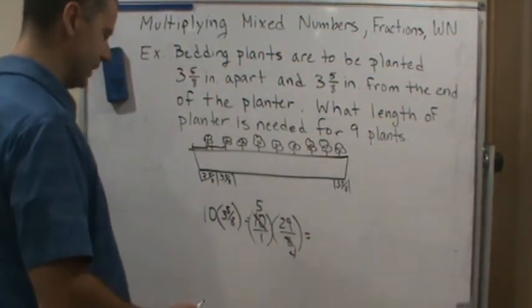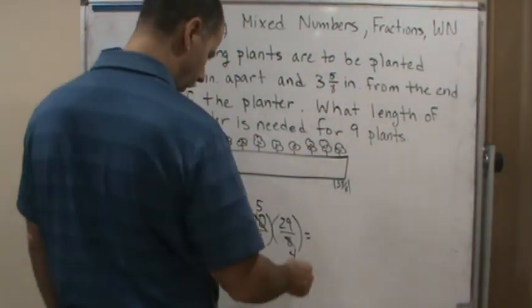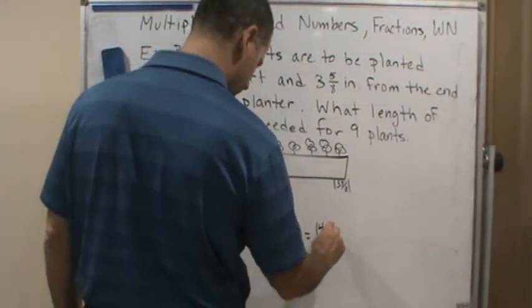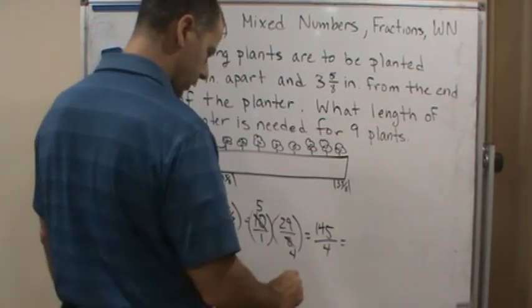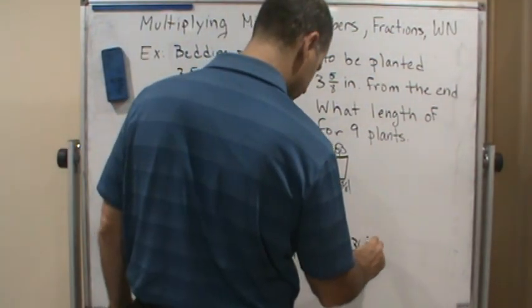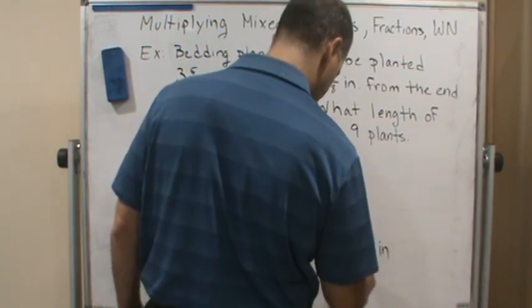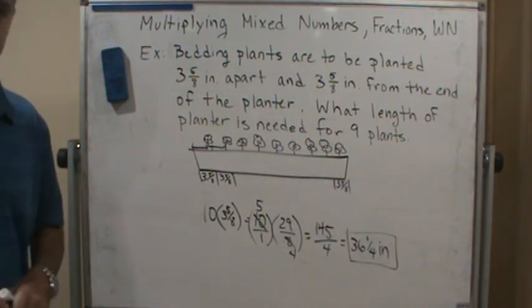And if we multiply these together, what do we get? We get 145 over 4, which is going to give us 36 1/4 inches. And so that's how long the flower bed needs to be.